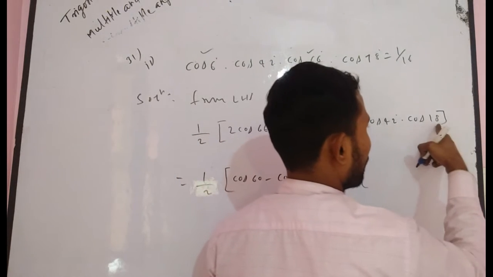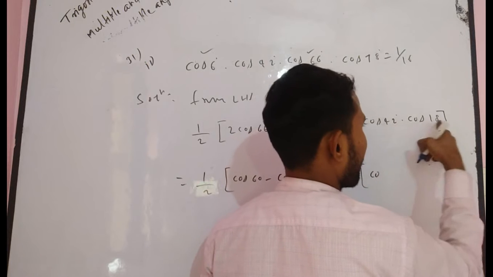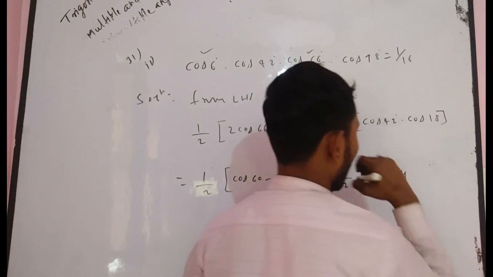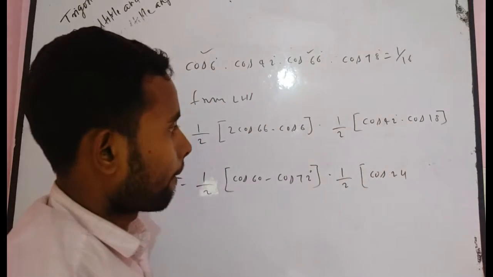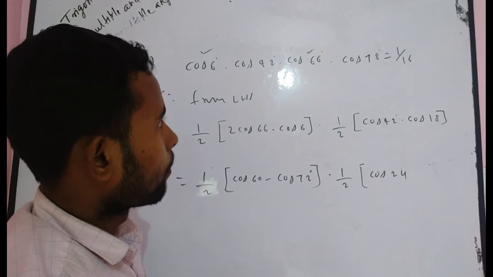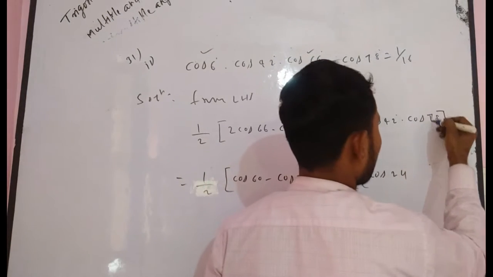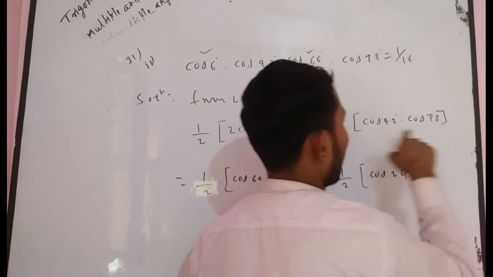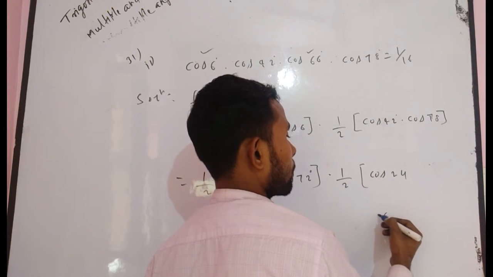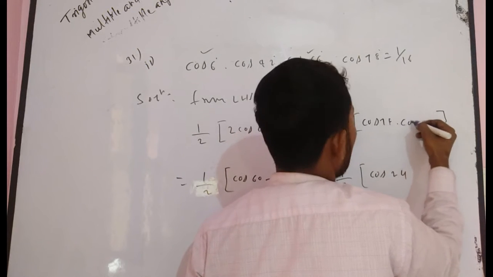Here, taking 78 and 42, you can write it cos 78 into cos 42.